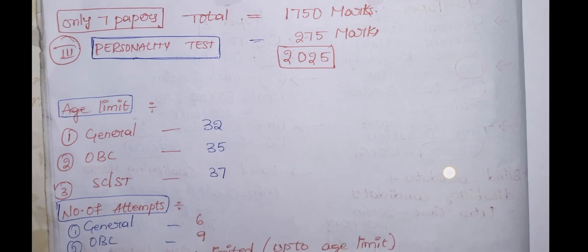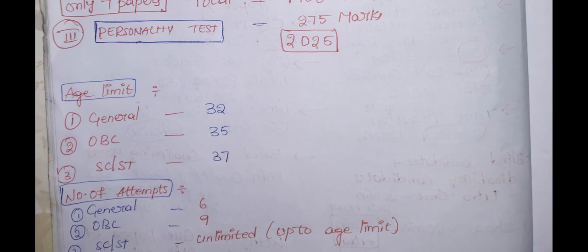Next, if the person qualifies in the mains examination, he will be promoted to the personality test, that is, the interview test. The interview test carries 275 marks. So finally 1750 plus 275 marks, total 2025 marks. Our examination is conducted for 2025 marks.